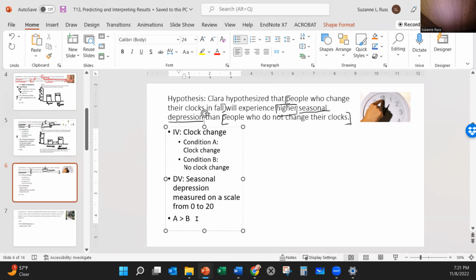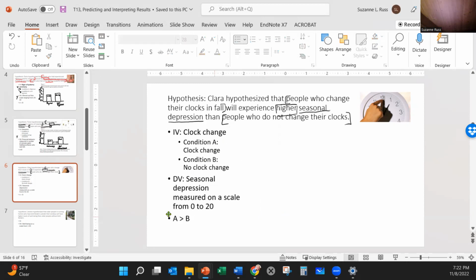And we can see here that A, the people who change their clocks, are predicted to be higher in seasonal depression than condition B, those who don't change their clocks. So let's go ahead and write the graph. We should be getting a little bit good at this right now.